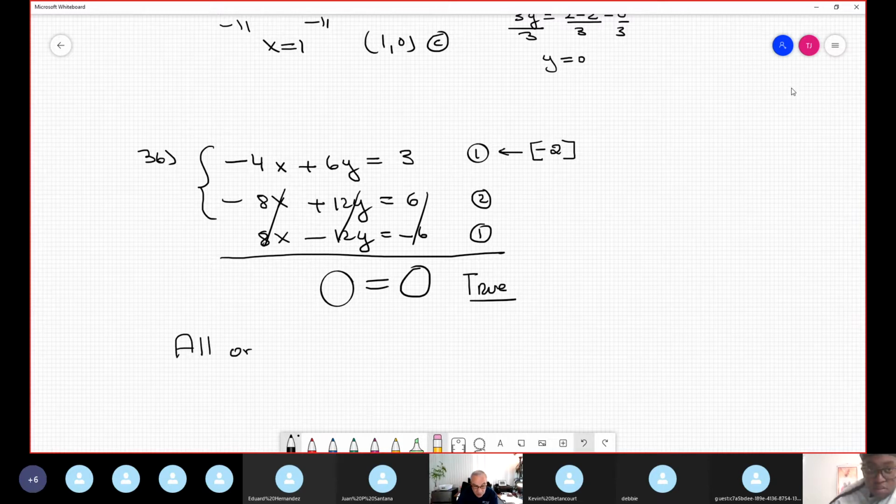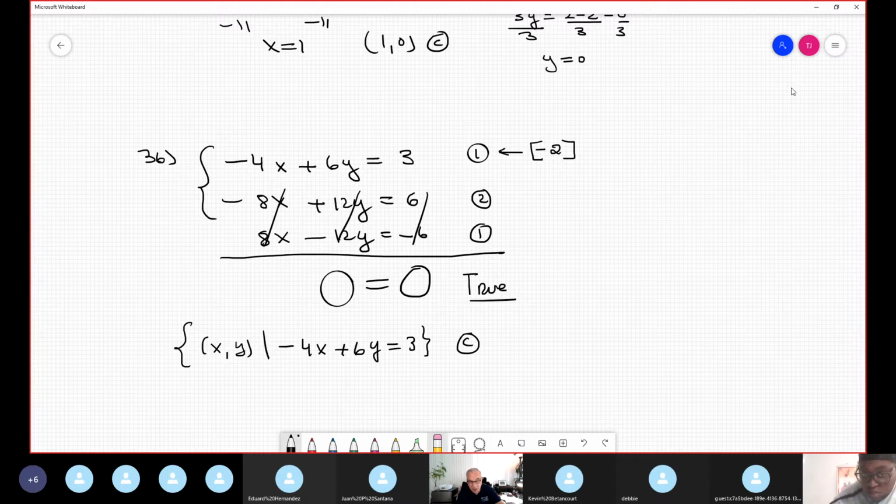Or, much better in mathematical language, you open the set of x, y such that, and you copy either equation. I consider the first one is easier. Just copy: minus 4x plus 6y equals 3. End of the story. That represents option C.